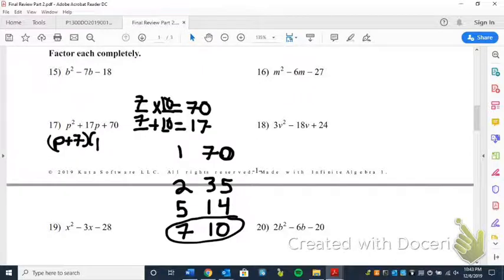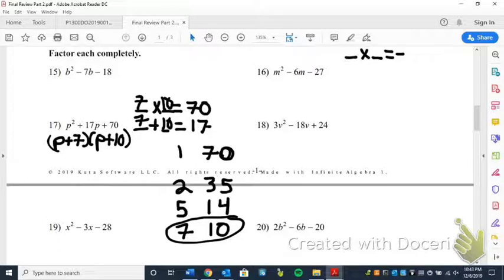So we then have p plus 7, p plus 10. So I want you guys to stop for a second, hit pause on this, and try number 16, because I can read 16.